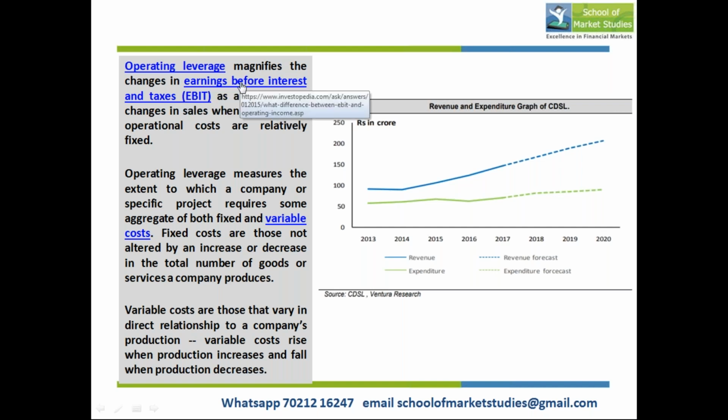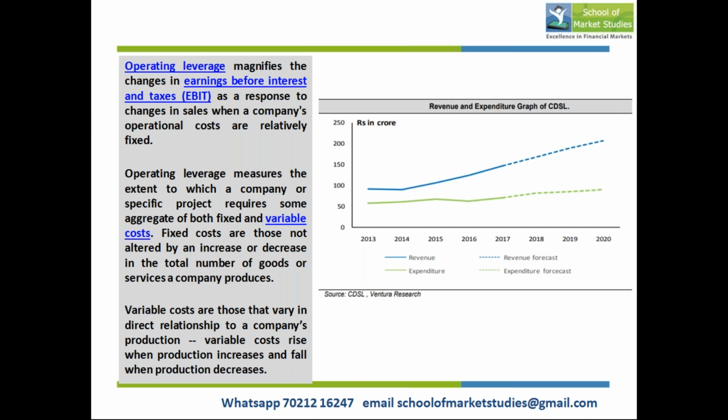Okay, so it magnifies. So if you produce more units, how much more will you make? Because what happens is your costs are fixed. Okay, so in a business like CDSL, he has got only two expenses: software maintenance, because he's already done the capex, and manpower.